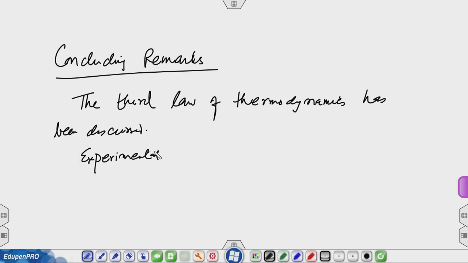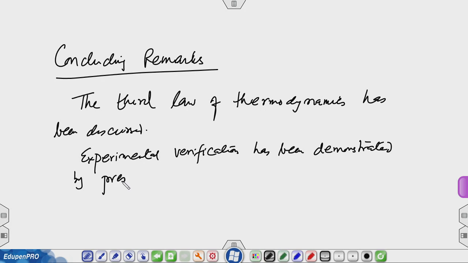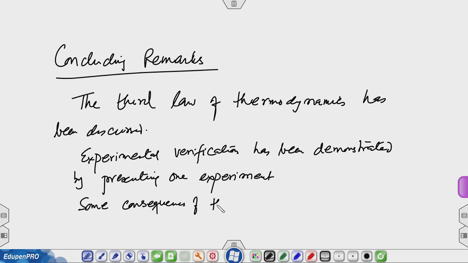Experimental verification has been demonstrated by presenting one experiment, and finally some consequences of the third law have been presented. Thank you.